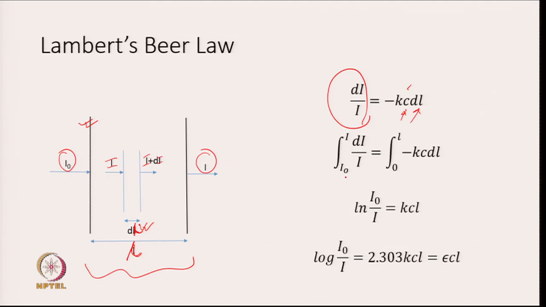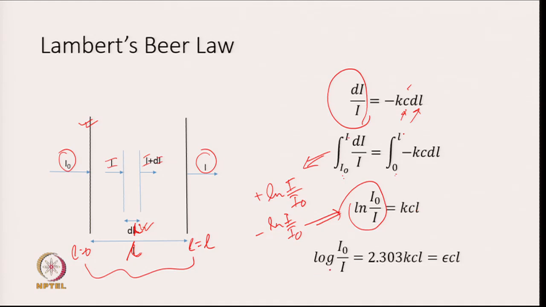Now let us integrate this between I naught and I, that is, when length is 0 to length equal to L. You remember here length is 0 and intensity is I naught, and here length is L and intensity is I. So, you are integrating intensity between I naught and I and length between 0 and L. What you will get is, since I have taken the minus sign, minus ln I by I naught, which is nothing but ln I naught by I, equal to kCL.